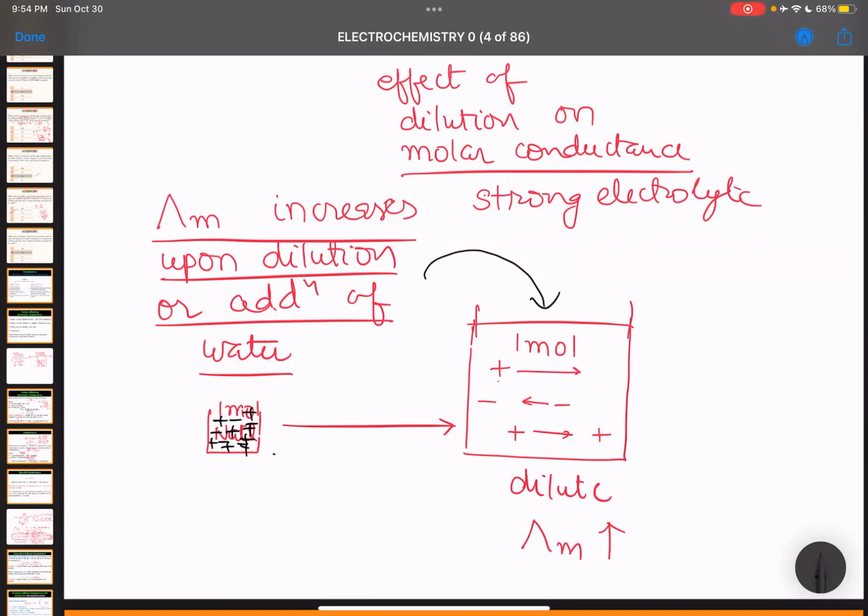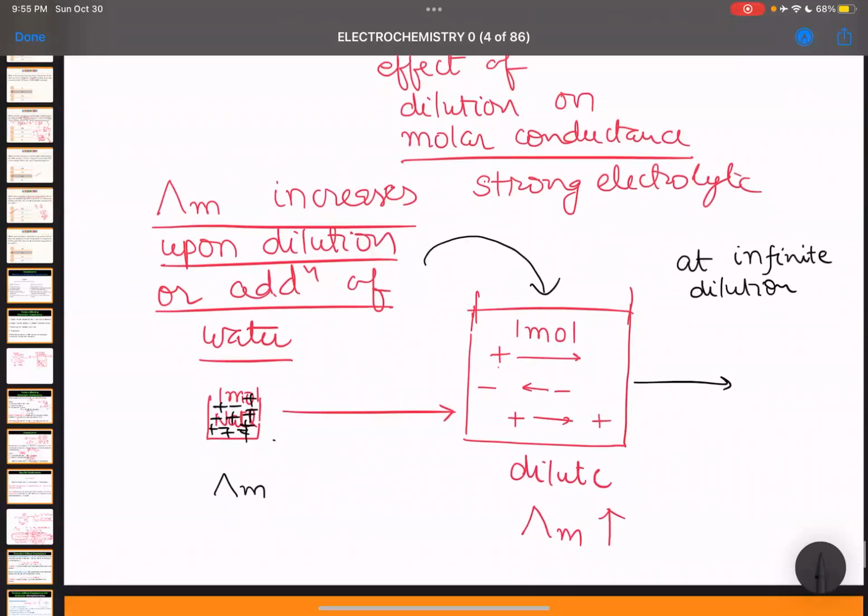And if you add more and more water, at infinite dilution, which means when the solution is very, very dilute, the molar conductivity reaches its maximum value.